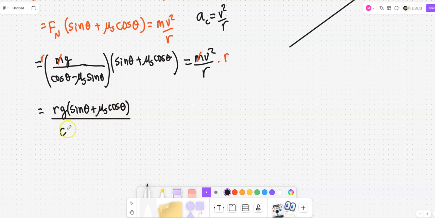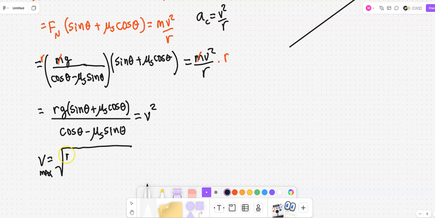Draw vinculum: cosine of theta minus mu s sine of theta, and that will equal v squared. I'm going to switch sides and take the square root of both sides, and this will give us velocity maximum.